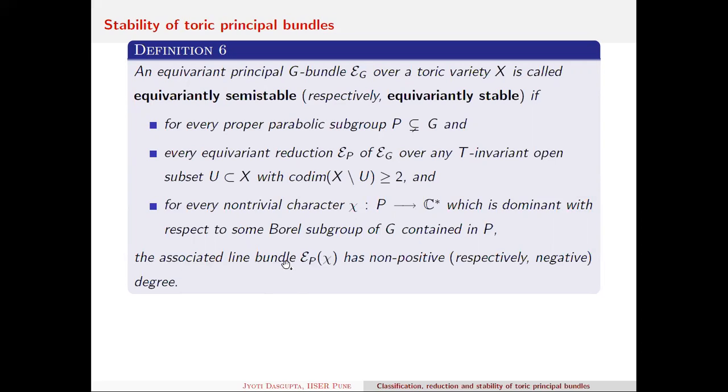And if this line bundle has non-positive degree, then we call this equivariantly semi-stable. And if it has negative degree, then it is equivariantly stable.